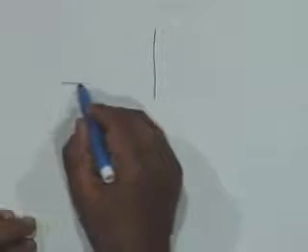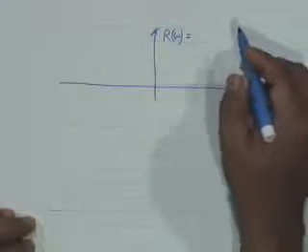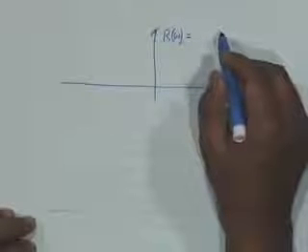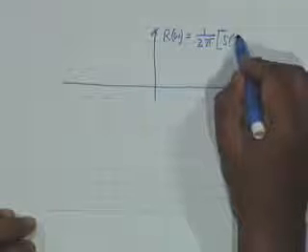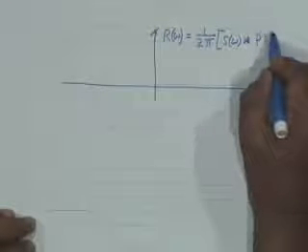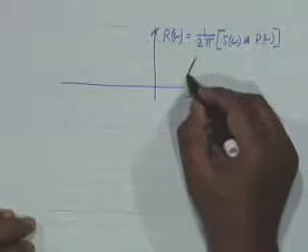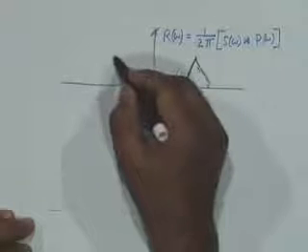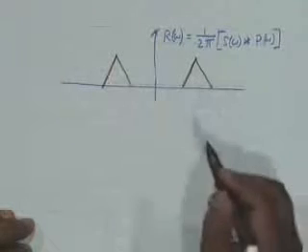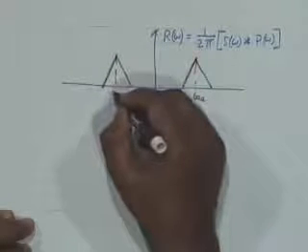The result will look like this. If we call this R of omega, which is equal to 1 by 2 pi S of omega convolved with P of omega, then we shall have two triangles like this, centered at plus omega naught and minus omega naught.